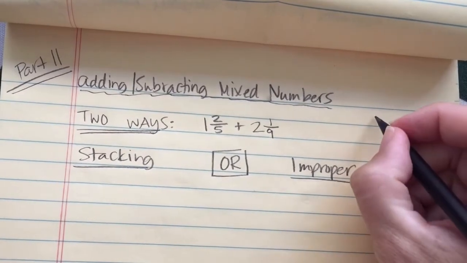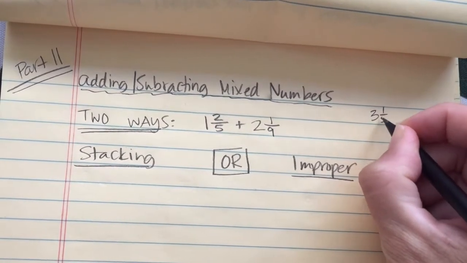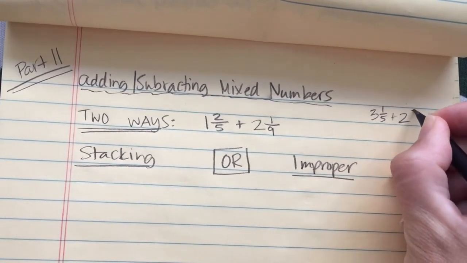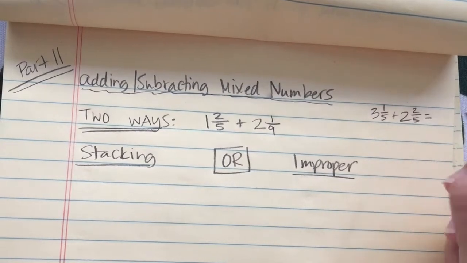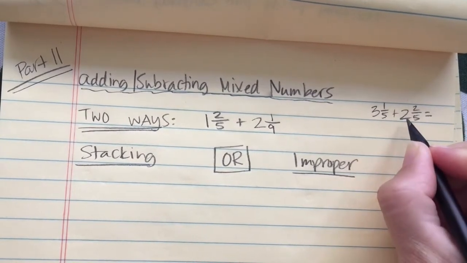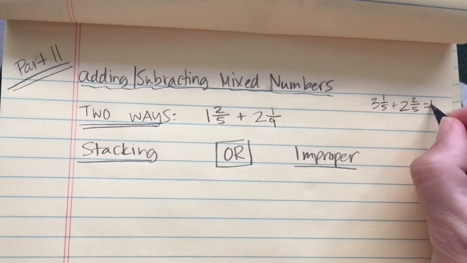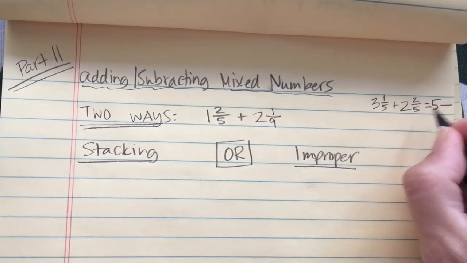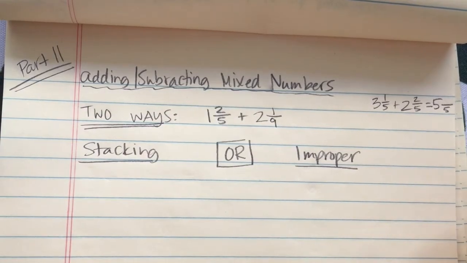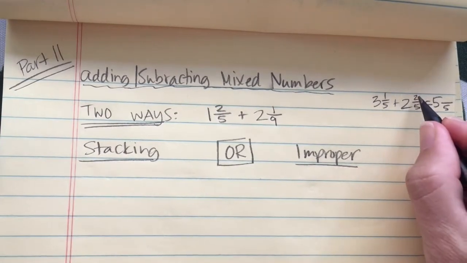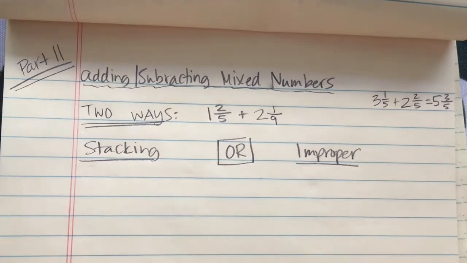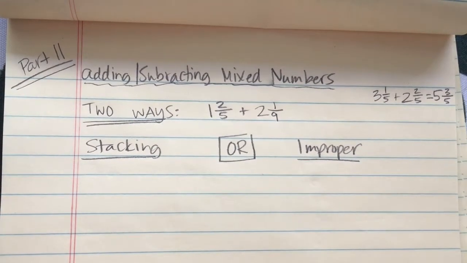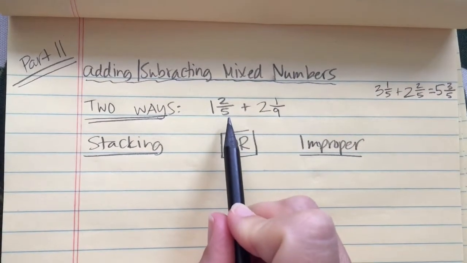If you had 3 1/5 plus 2 2/5, you would add your whole numbers. So 3 plus 2 is 5. The common denominator here is going to be the denominator in your answer. And then you would just add the tops, so that would be 3. So 5 3/5.